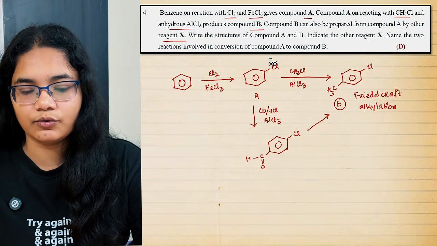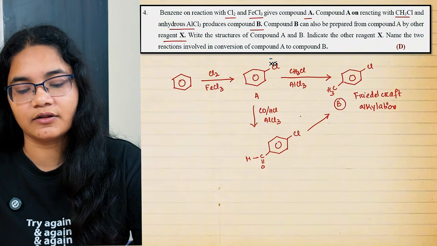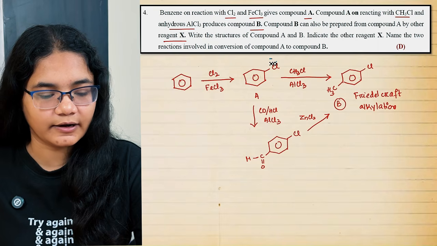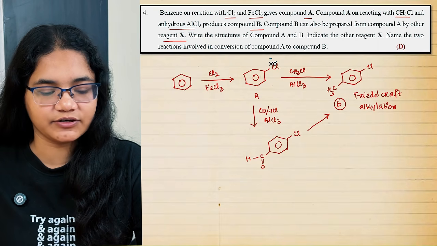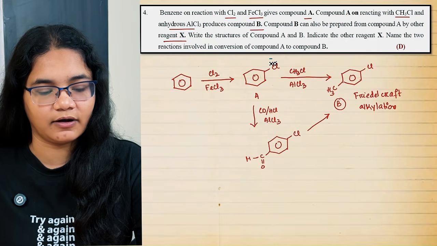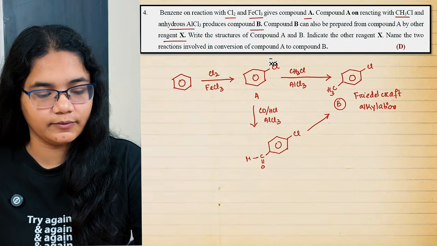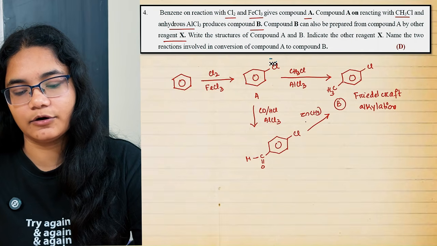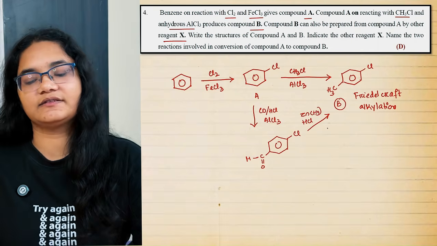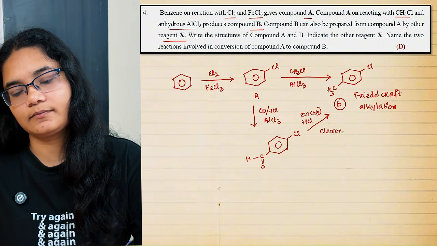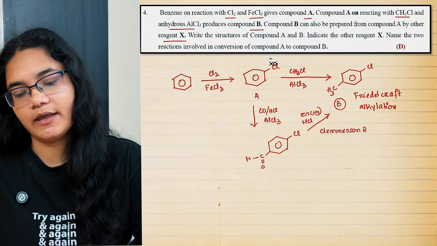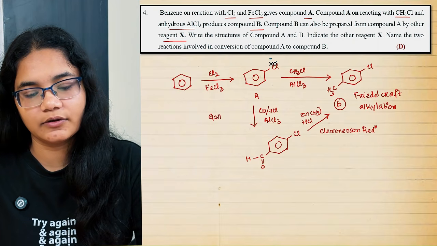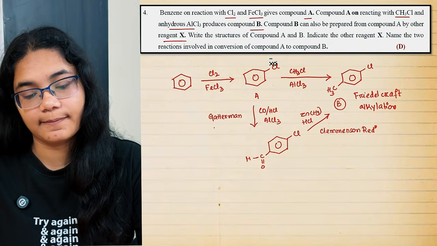You can treat it with Zn-Hg and HCl, or you can use even Wolff-Kishner or Clemmensen reduction, any one will work here. So I am using Zn-Hg, HCl. That is our Clemmensen reduction. And here, first what we have done, this part is our Gattermann-Koch reaction.